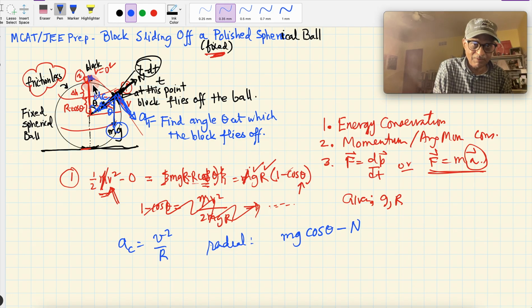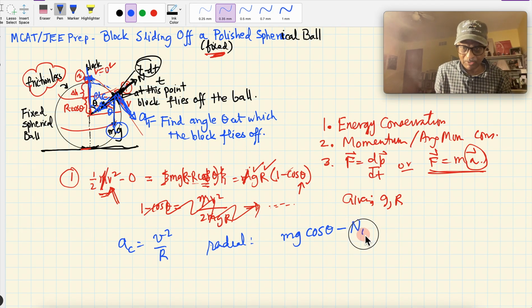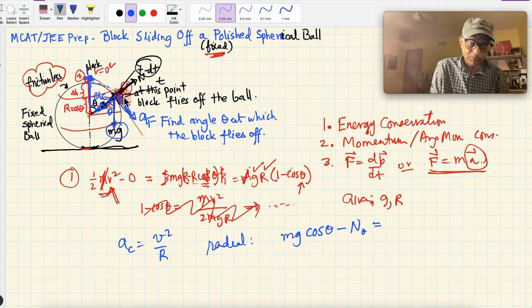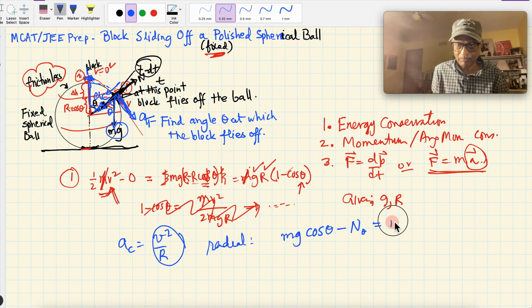For instance, over here, normal is almost the same as mg because there's no acceleration here, because v is 0, but over here it's different. So n depends on where I am. So I'm going to put n sub theta. I am at theta place, and that should be equal to, we're looking at this direction, mass times v square over r. So I've got another equation, but I've got this n.